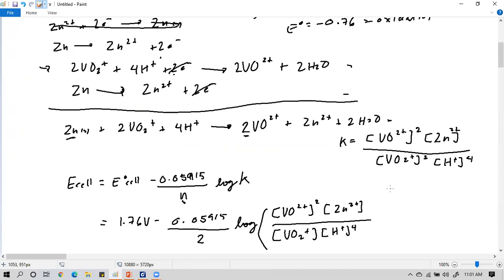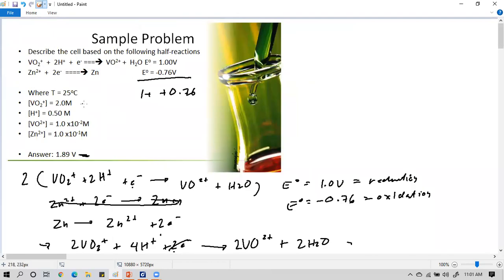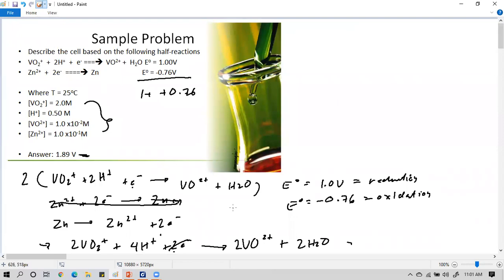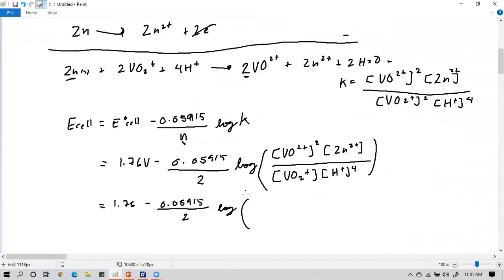So substitute the known values. Ito given naman sila. So 1.76 minus 0.05915 over 2, then log. So ano yung VO2 positive? That is 1.0 times 10 raised to negative 2 molar squared.